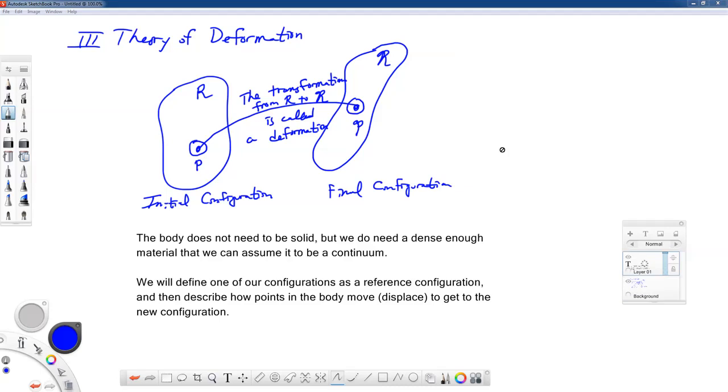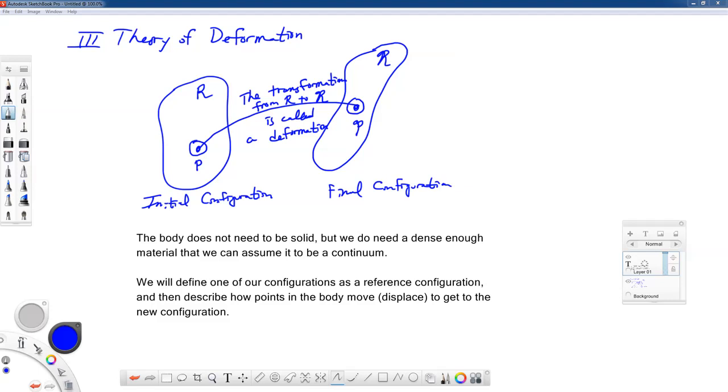And so here are a few notes over what we just talked about. Now, there's deformations that we can think of in the traditional sense of things squishing and deforming, but a degenerate type of deformation is just rigid body motion.